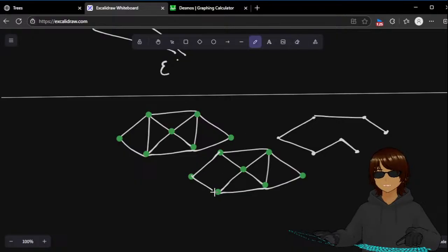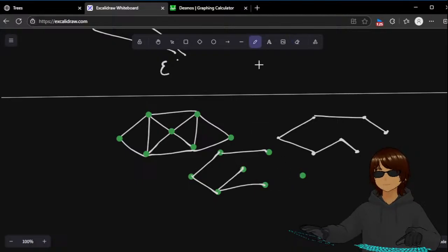So we can cut off that. So we can cut off that. We can cut this off. Like we can cut this off and then 1, 2, 3, 4, 5, 6.